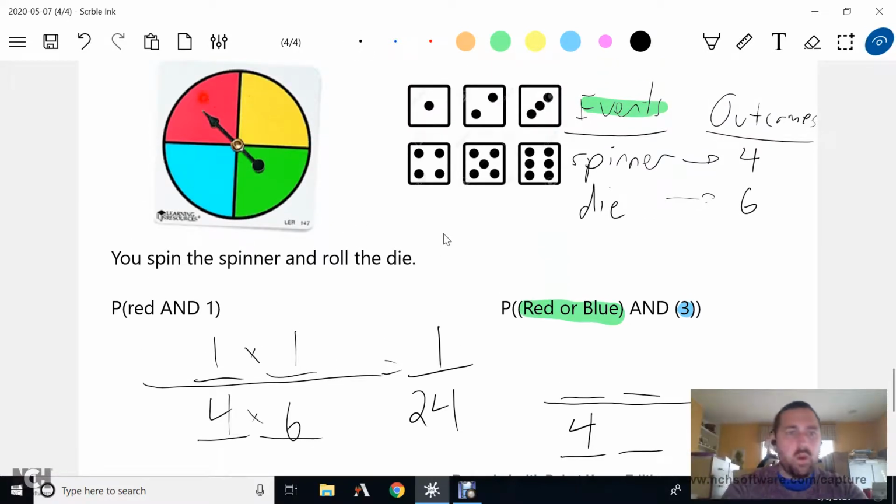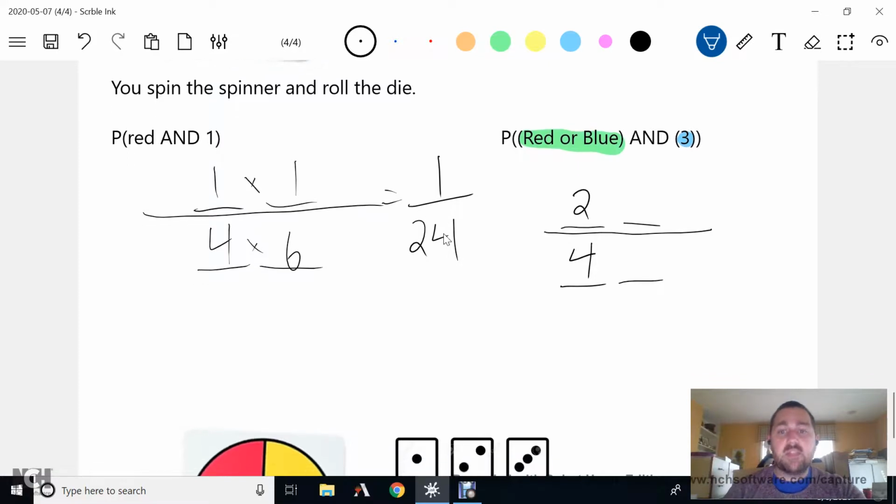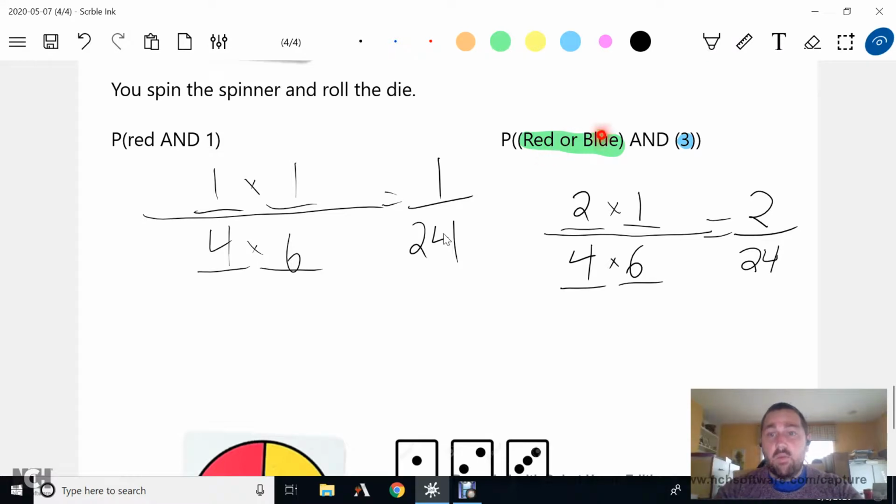Well, there's 1 red, there's 1 blue, and so that would be 2. There's 2 possible outcomes that satisfy red or blue. And what about the and 3? Well, the die has 1 three, and the die has 6 total sides. And now we just use the fundamental counting principle and multiply. And we get 2 over 24. That's the probability of getting red or blue and a 3.